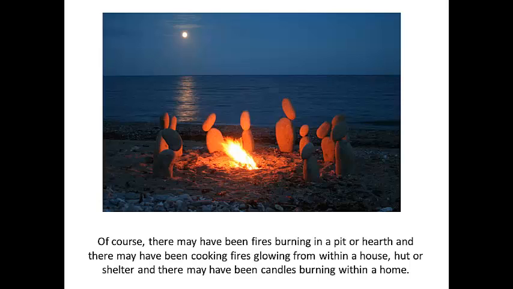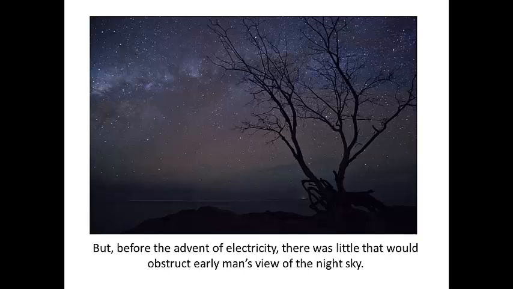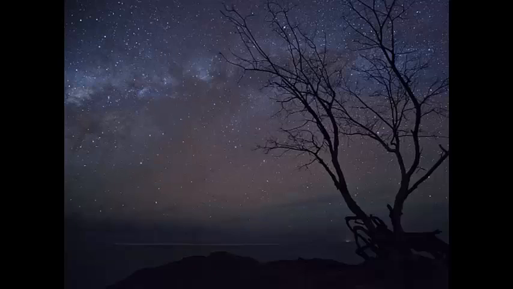But generally speaking, the night sky was totally free from the glare and the destructiveness of artificial light. And so man could look up into the night sky thousands of years ago and see the stars unobstructed.